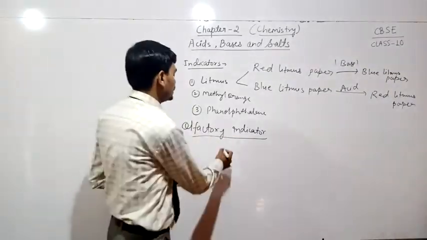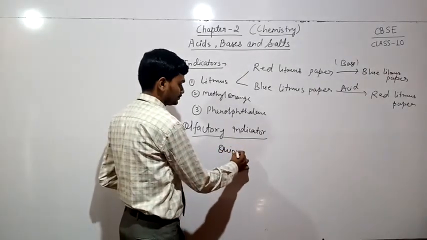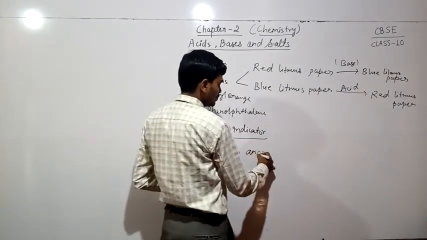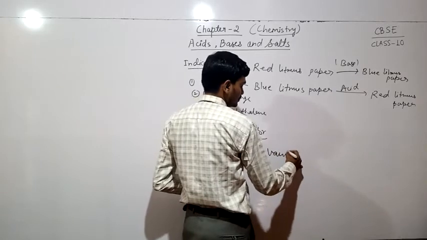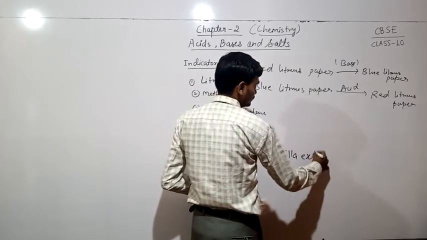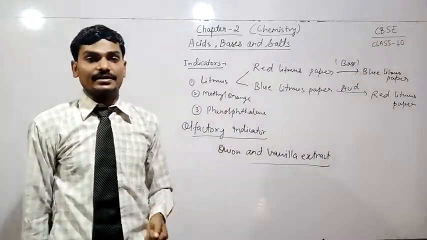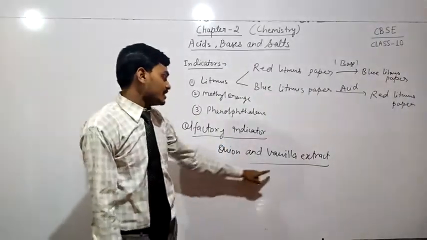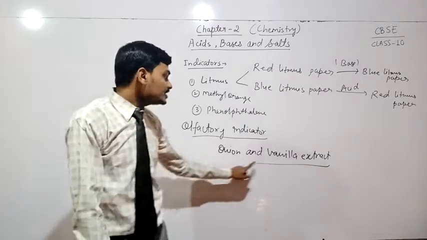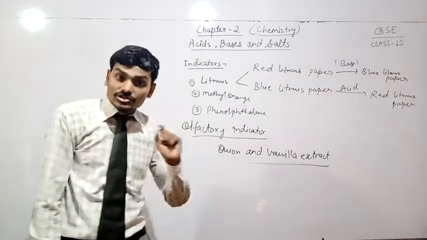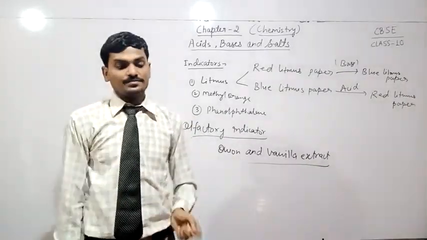Onion and vanilla extract are olfactory indicators, because in the presence of acid or bases, these extracts change their smell.